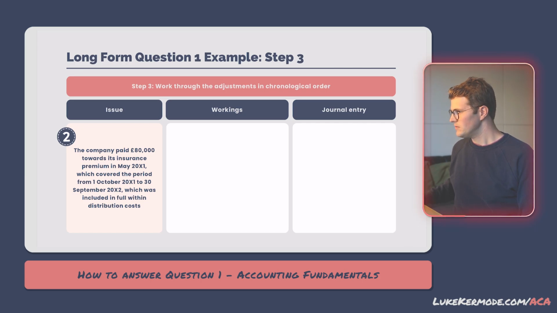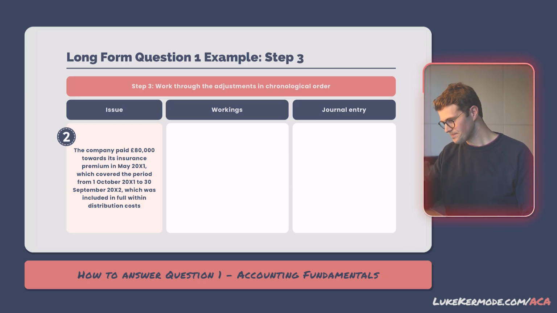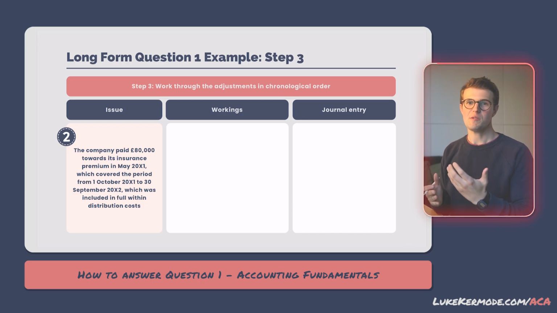Our second adjustment relates to prepaid insurance. Noble plc paid £80,000 in May 20X1 for insurance that covers the 12-month period, which runs from October 20X1 to September 20X2. But the issue is that the accounting year end we're preparing the financial statements for is 31st of December 20X1, which means that only 3 months of the insurance policy relate to the current financial year.